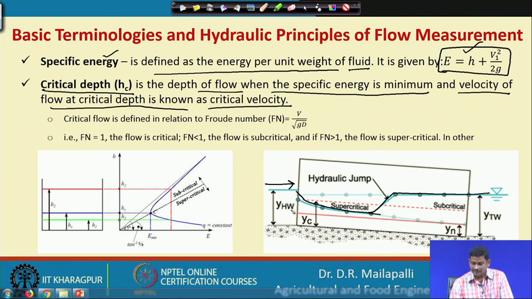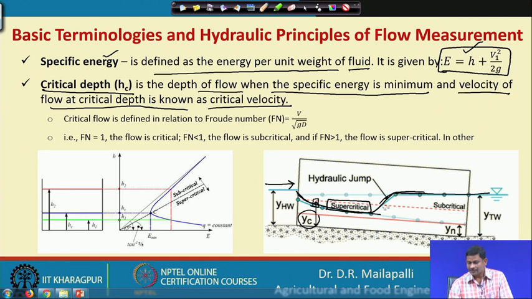Here in this phenomenon, the energy is minimum at one point. The depth at which the total energy or the specific energy is minimum is called the critical depth. After that, the flow experiences subcritical flow.